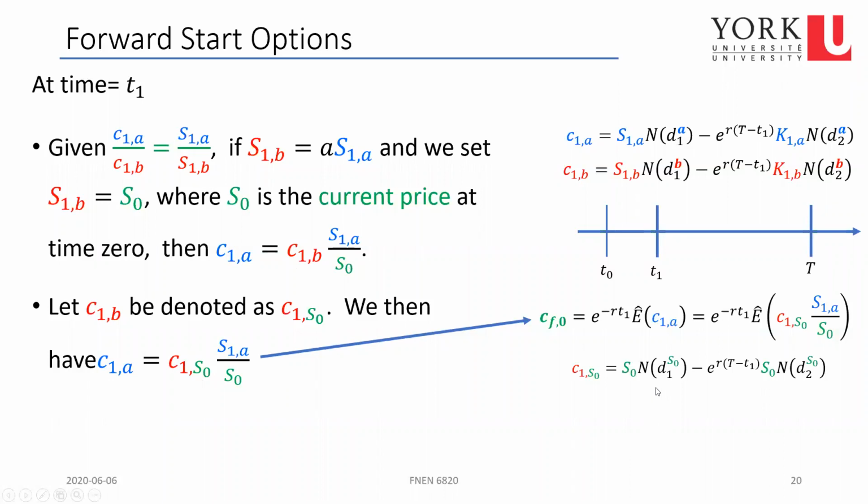Now, we know that for a call price at time 0, what is that? Well, the call price at time 0 is really the discounted value of the call price at this point, given some scenarios, right? And so now, what is a scenario at time 1?